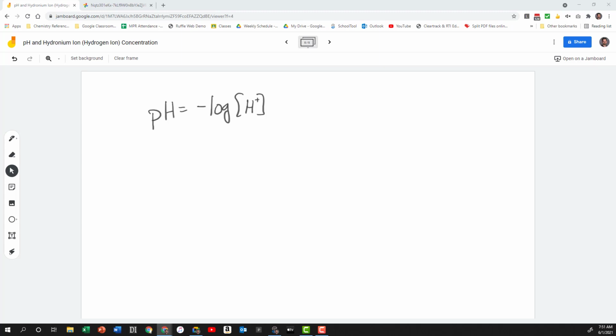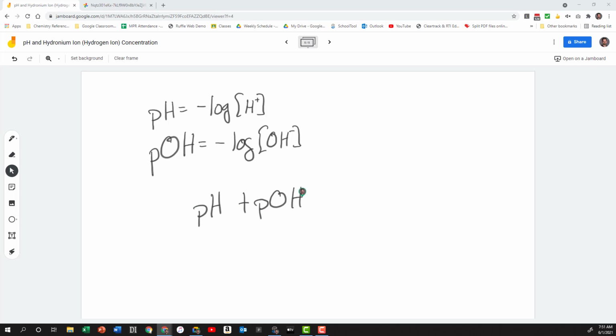But we can also say the pOH is equal to the negative log of the OH minus concentration. And this is where I was messing it up. pH plus pOH equals 14 all the time. So as the pH goes up, the pOH goes down. As the pOH goes up, the pH goes down. So that's the relationship between those.